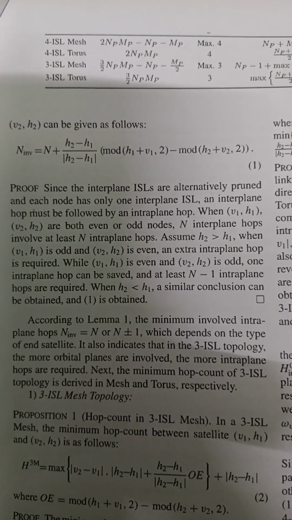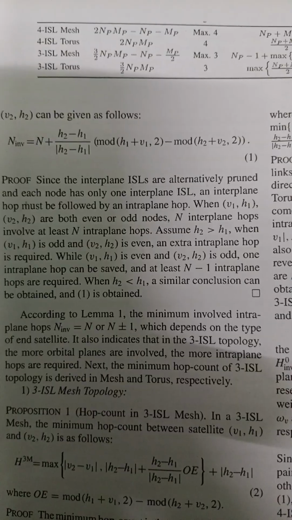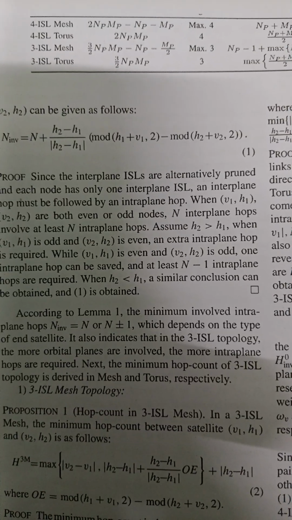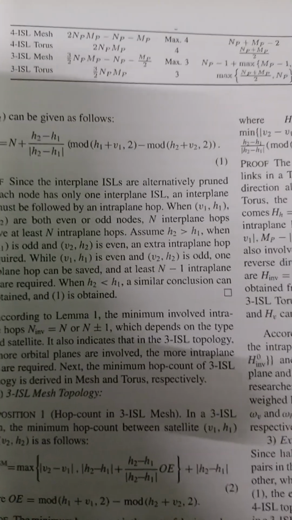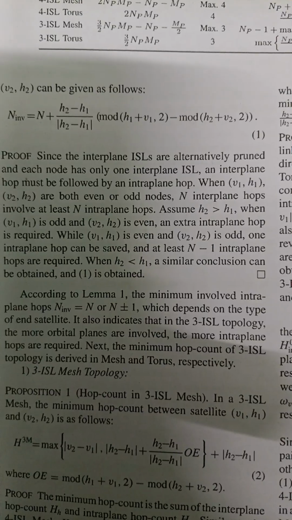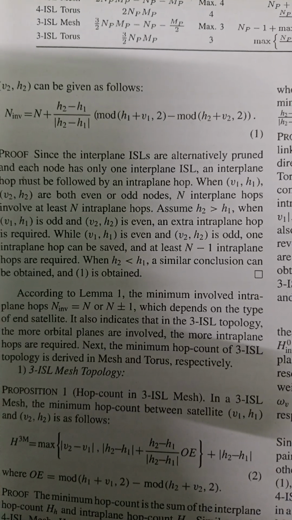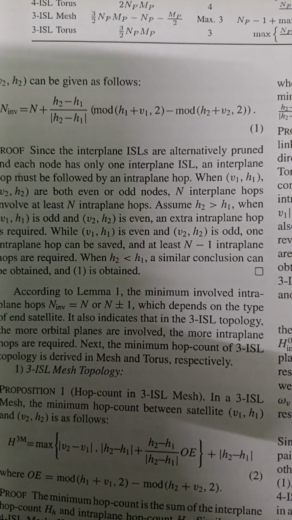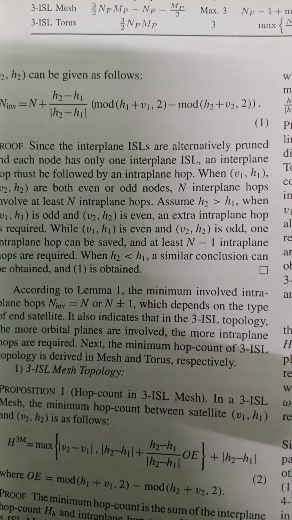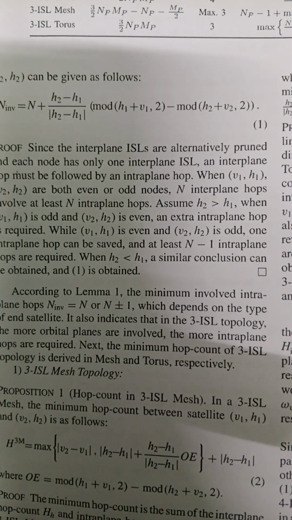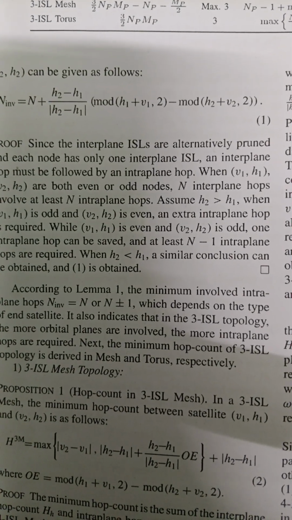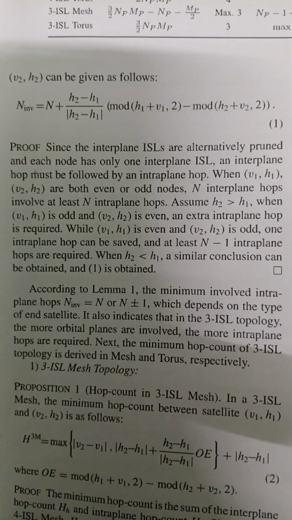N_INV equals n plus |H2 minus H1| divided by (H2 minus H1), multiplied by the modulus of (H1 plus V1, 2) minus the modulus of (H2 plus V2, 2).